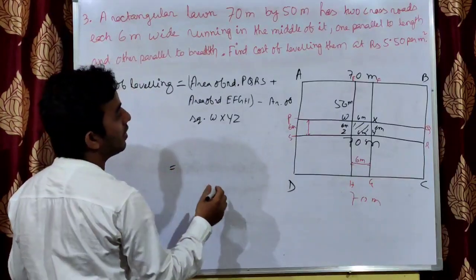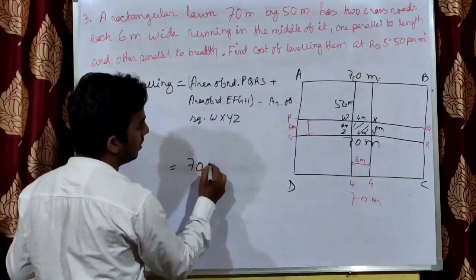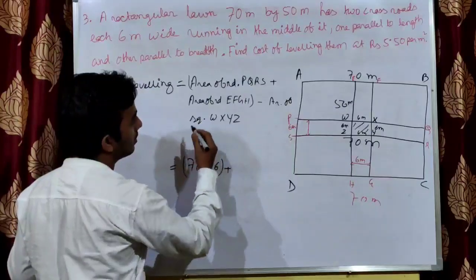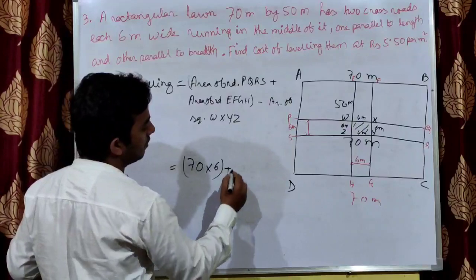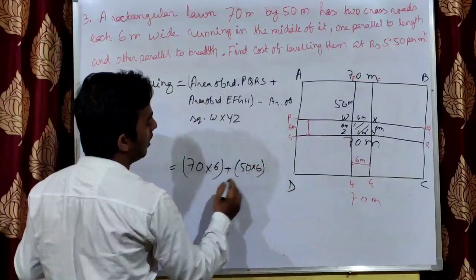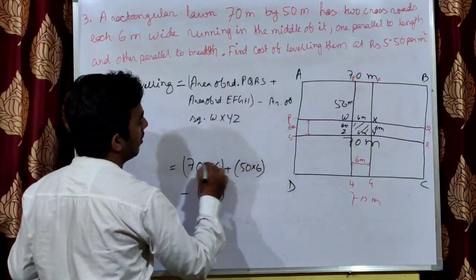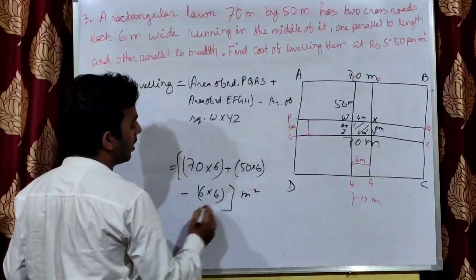So for PQRS, the length is 70 into 6, plus for EFGH, the length is 50, so 50 into 6, then minus 6 into 6. All units will be meter square.